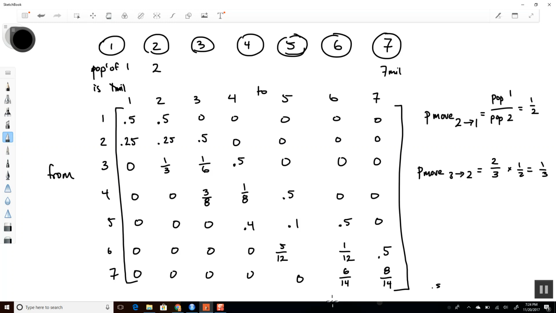Okay, I don't know why this is not centered, but this is my transition matrix. Basically every single island looks like this, so the entire thing is our full arrow diagram.